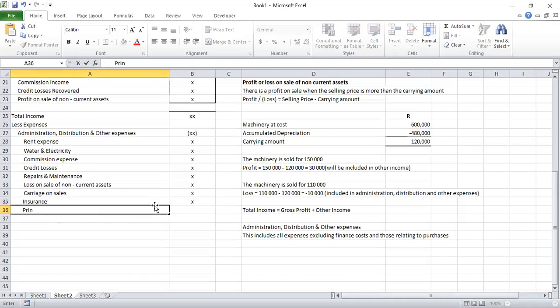Printing and stationery. We also include municipal rates.